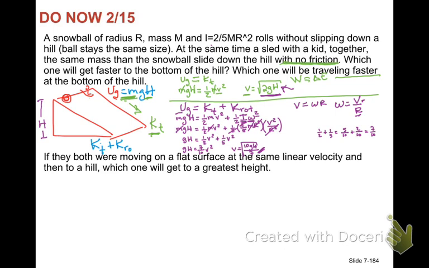Now the second part is kind of like the inverse situation. It says, if both were moving on a flat surface at the same linear velocity, and when I say both, I'm talking about the snowball and the sled, and then moved up a hill, which one will get to the greatest height?